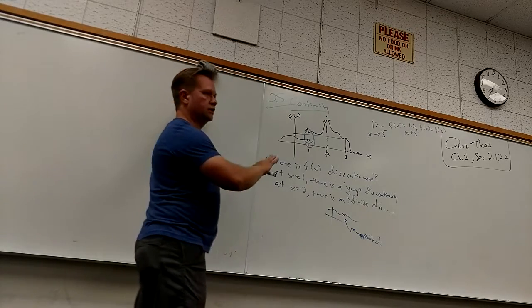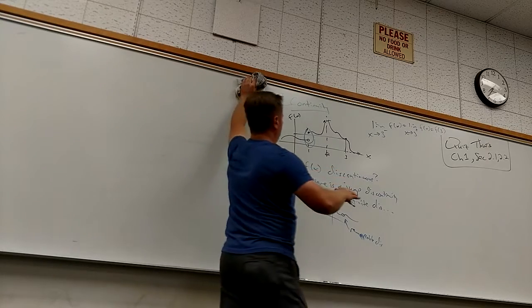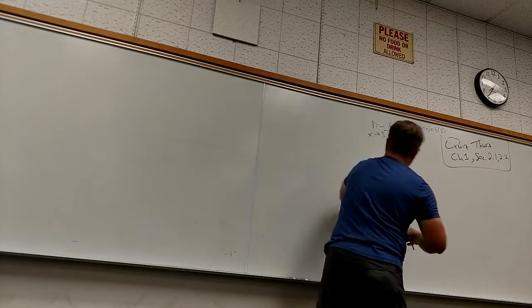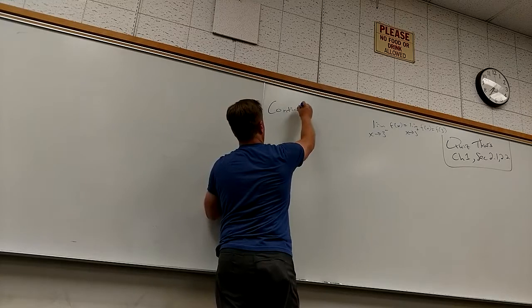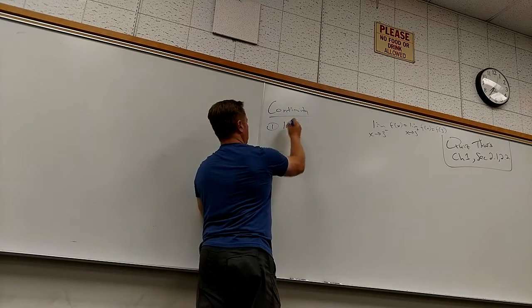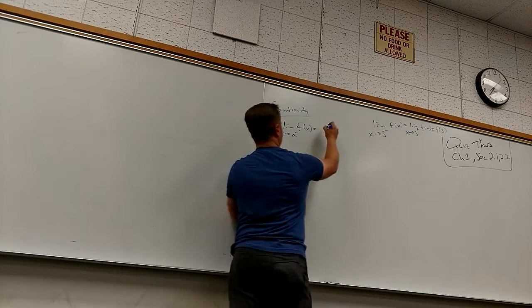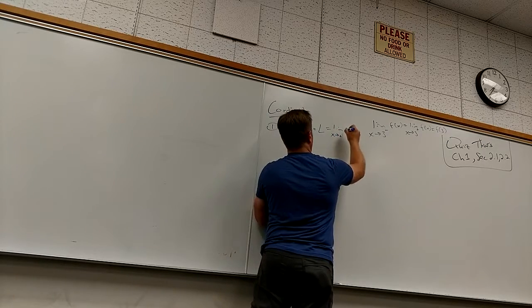So here's the definition. Let me give you a formal definition of continuity. One, the limit as x goes to a of f of x from below equals L, which is the limit as x goes to a from above.